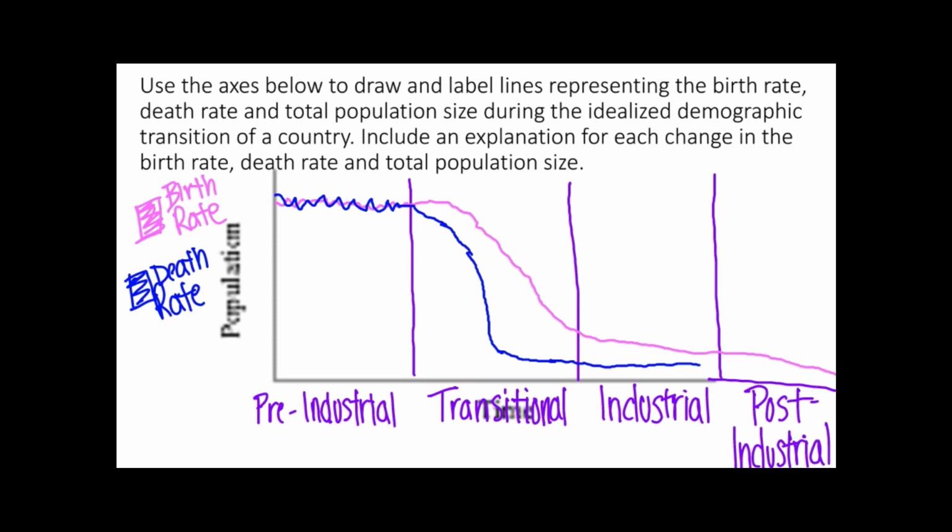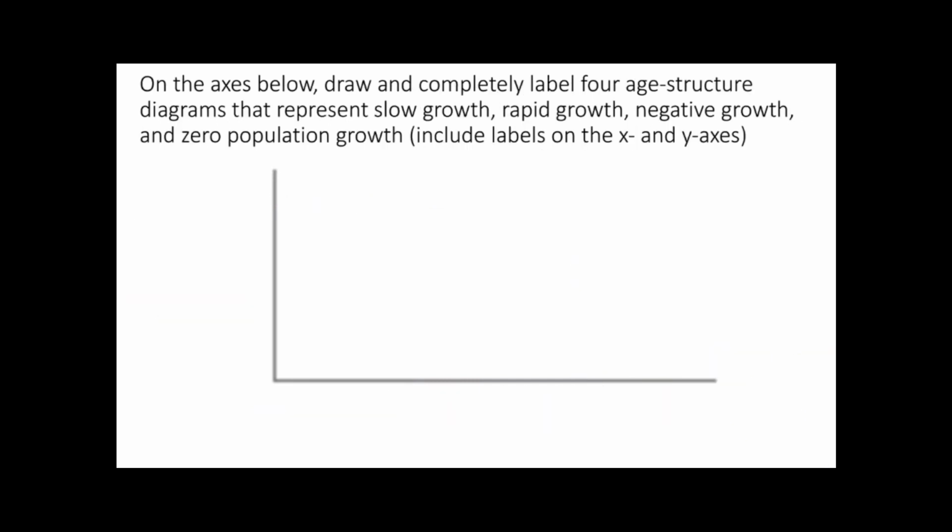And then sometimes in a post-industrial society, the death rate will actually increase over the birth rate, which means you're going to get like a negative population growth. Okay. And I can kind of show you on the next one what that negative growth might look like.